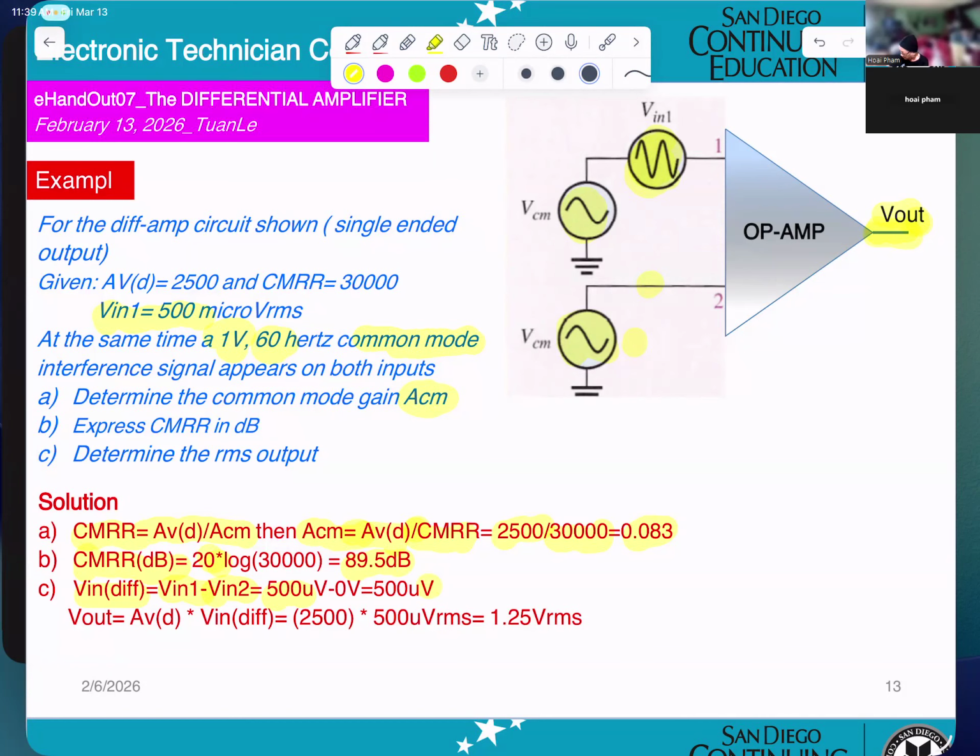V out equals AVD times V in differential, 2500 times 500 microvolt, which gives you 1.25 volt.